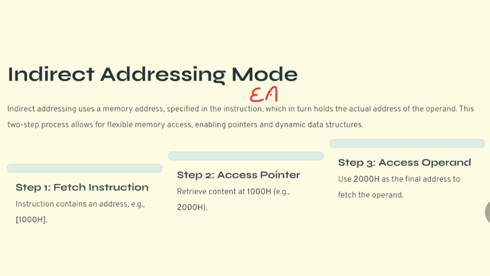We don't have the effective address directly, but this effective address is stored somewhere in another address, and that address is available in my instruction. So let us say I have an instruction like move ax comma 1000h.